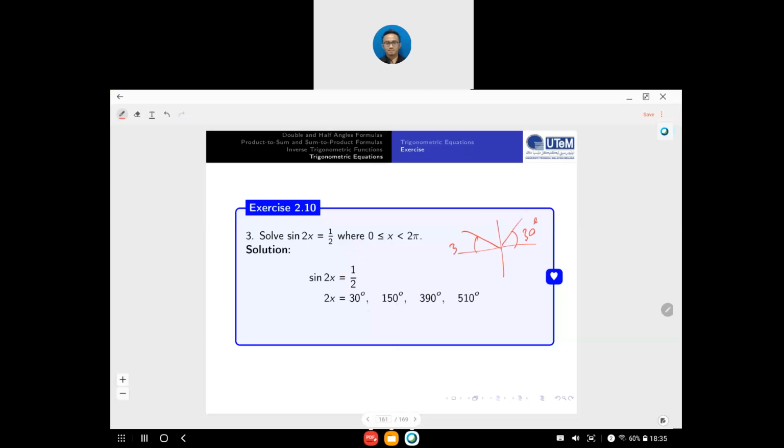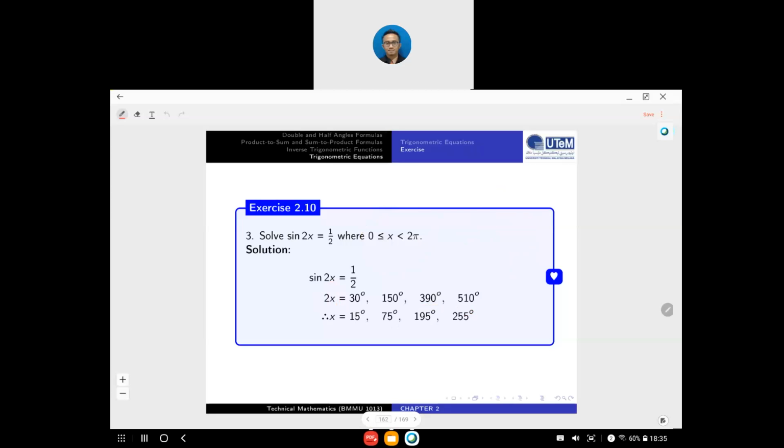Here is 30 degree. So from here become 150. Kalau dia 2x ni, make sure awak standby another 2, sebab kita nak bahagi 2 kan. Sebab dia adalah duduk di antara 0 until 2 pi. So this one you can get x equal to 15, 75, 195 and 255. This one for question 3.